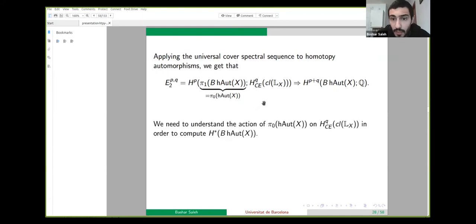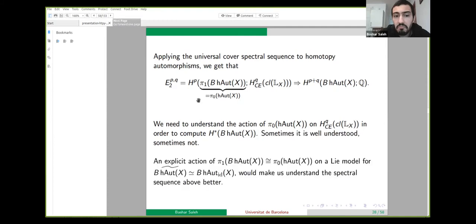And then here we have rational models. This sometimes we understand, sometimes not. But what we need to understand is the action of this group on the cohomology, right? Otherwise, we will not be able to compute this spectral sequence. Sometimes this action is well understood, sometimes not.